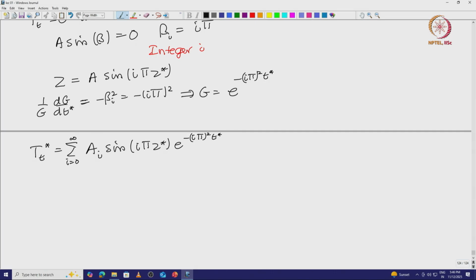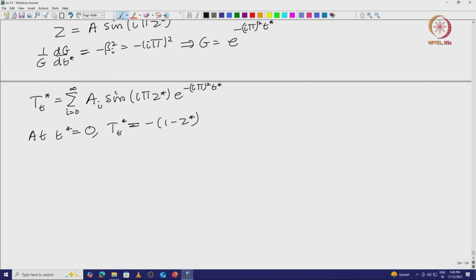The initial condition is that at t star equal to 0, the transient part of the temperature is equal to minus the steady part of the temperature, which is minus of 1 minus z star.